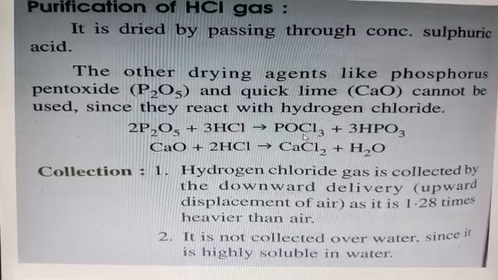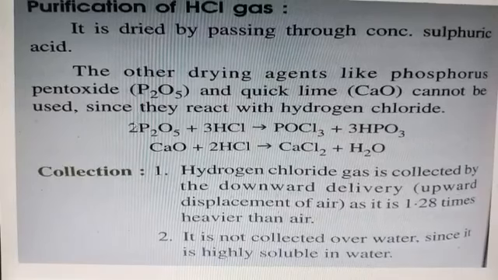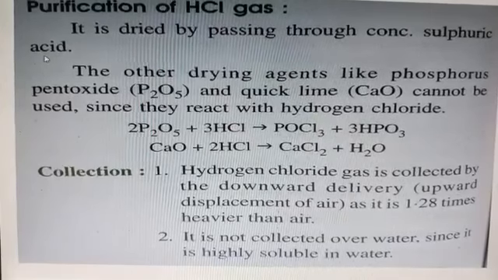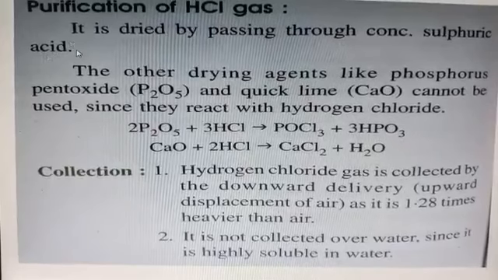That is the reason we allow the gas prepared to pass through concentrated sulfuric acid, so that it does not react with hydrogen chloride gas and we get dried hydrogen chloride gas.